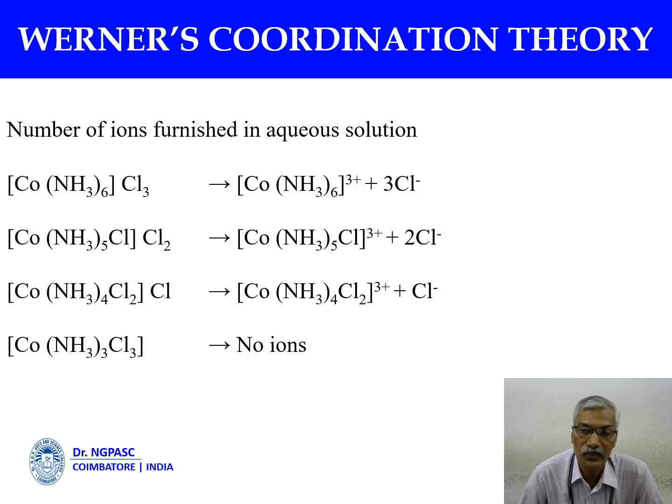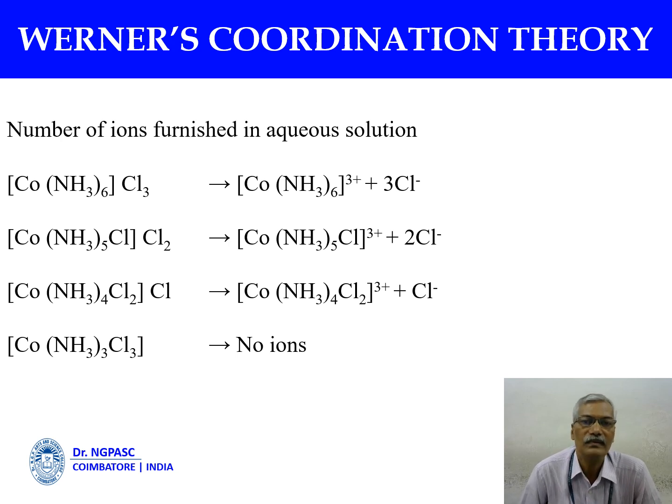We know all the halogens possess a minus charge, but here that chlorine is unable to come out as a free ion. Why? Because it is present inside the square bracket. That square bracket is called the coordination sphere. Similarly, in the third compound, only 1 Cl- ion comes out, and in the fourth compound, no Cl- ions come out, even though it contains 3 chlorine atoms.